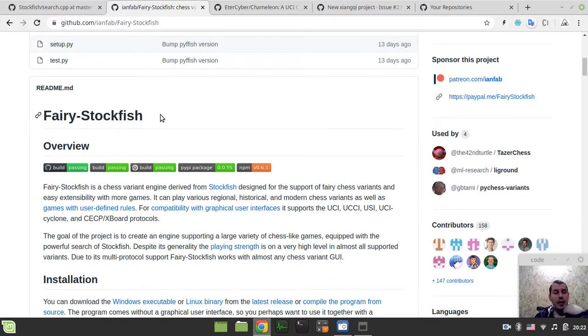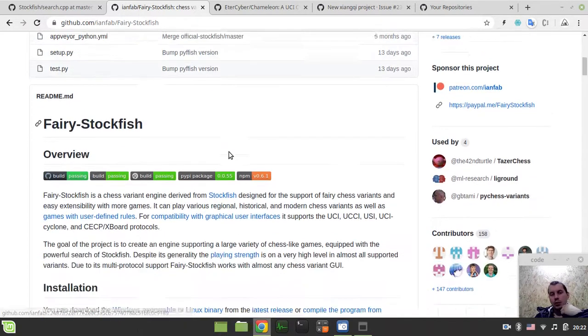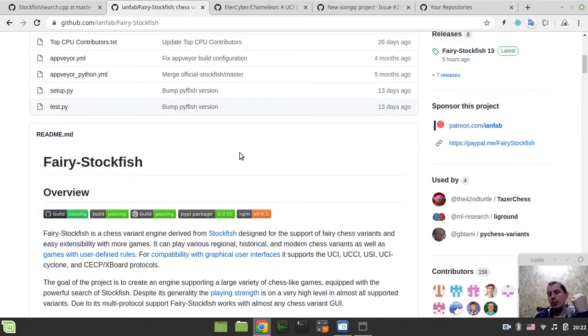What else I want to say is that it's really fun that 2 projects that are seemingly doing the same thing, trying to adapt the Stockfish chess engine to play Chinese chess, do this in a completely different manner, and the approaches are totally different.